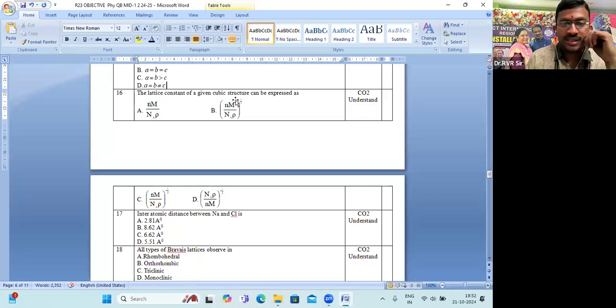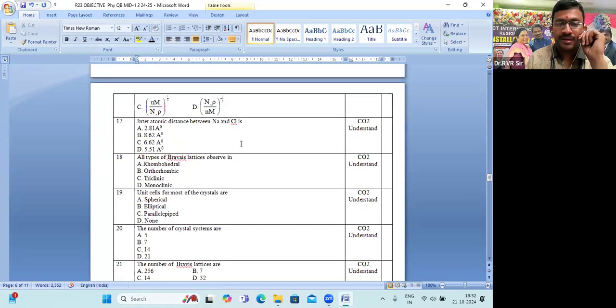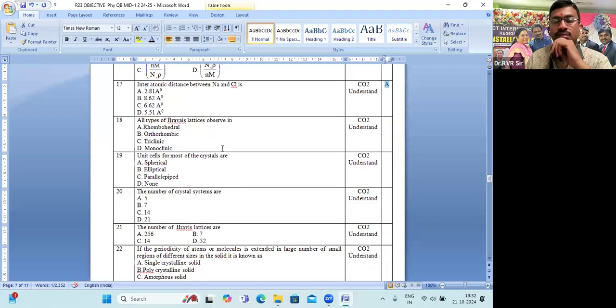The lattice constant of a given cubic structure can be expressed as, so it is option B, (n M by N_A rho) whole power 1 by 3. And then the interatomic distance between the NaCl is, it is option A, 2.81.